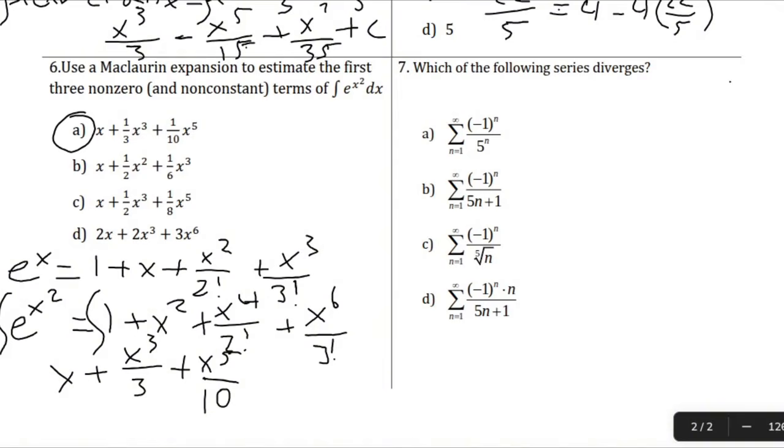So this next question, which of the following series diverges? And we're given a bunch of series. So this first one we're going to put in the form of 1 over 5 to the n. And if you remember about geometric series, when the absolute value of our r is less than 1, then we are converging, and that's the case here.